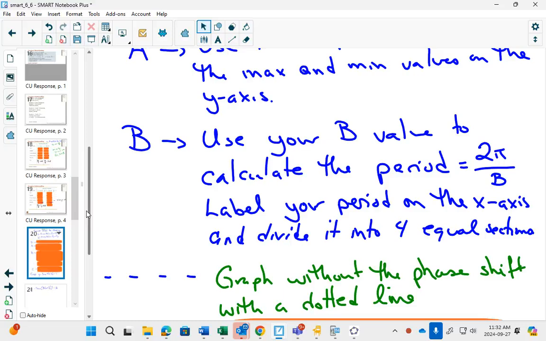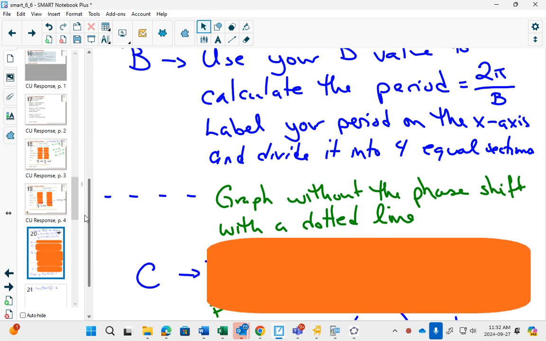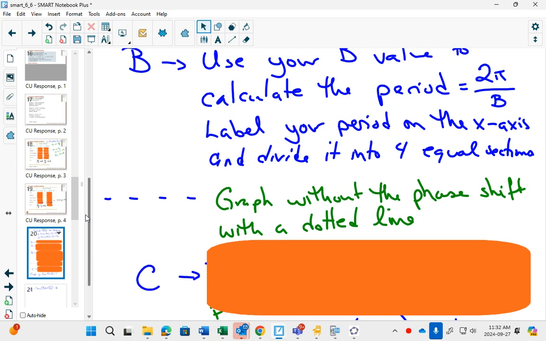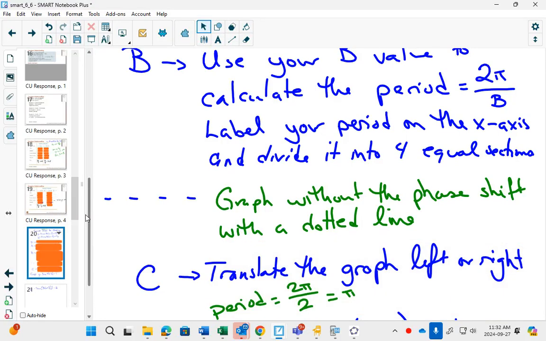So the C value is your shift left or right, but before you get to that, you're just going to draw a temporary graph that shows the D, the A, and the B values. And finally, then your C value shifts it left and right.